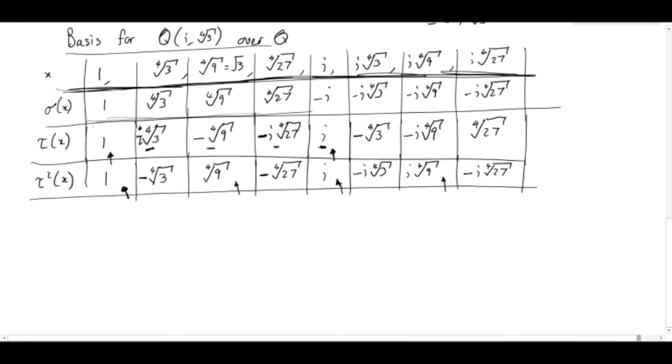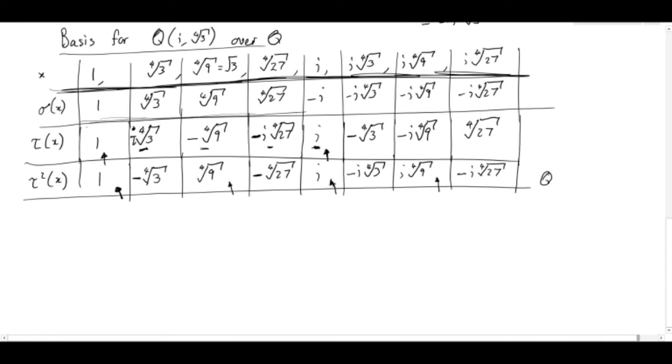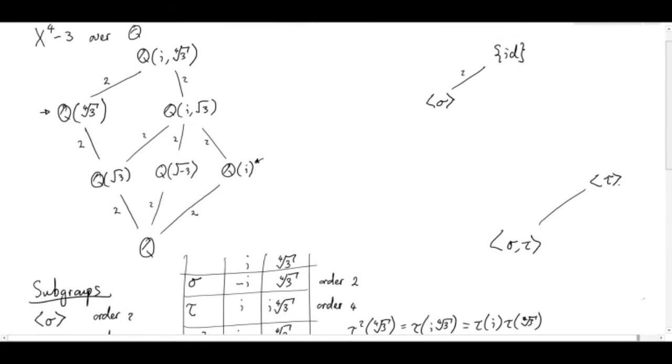In other words, the fixed field under tau squared is Q adjoin the square root of 3. Right, so we've got that next part of our picture.